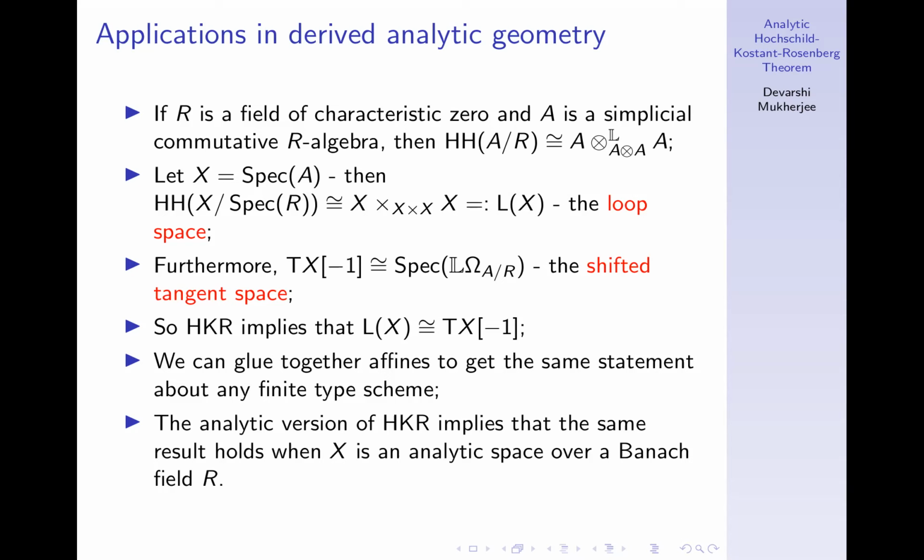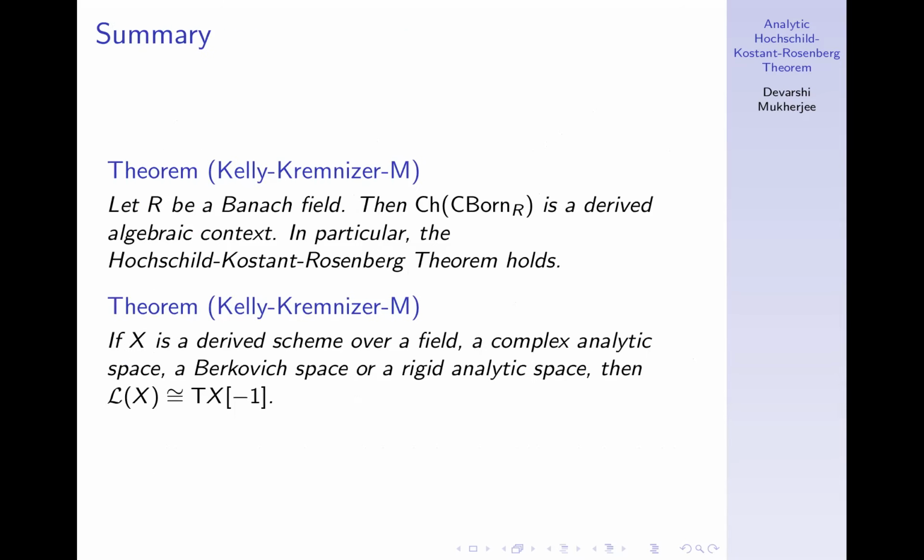In the analytic version, we want similar results: we want the loop space to be the same as the shifted tangent space, where X could now be something like a complex analytic space or a rigid analytic space. That's a summary of the results we have.